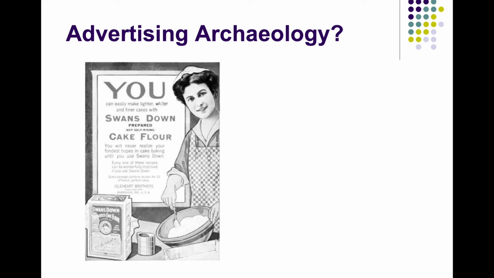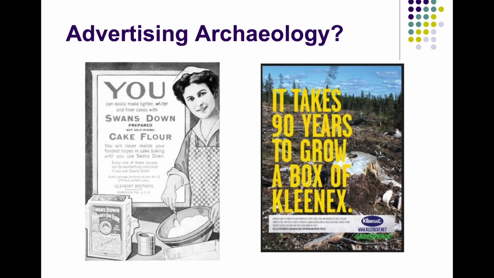It tells us the sort of commercial values that get promoted, the idea that something is easier or that something is finer. Those are seen as goods, and these are promoted because they're connected to the particular product. Again, we can use advertising archaeology to reveal something about the audience, the community, the market of people to whom an ad like this might be addressed.